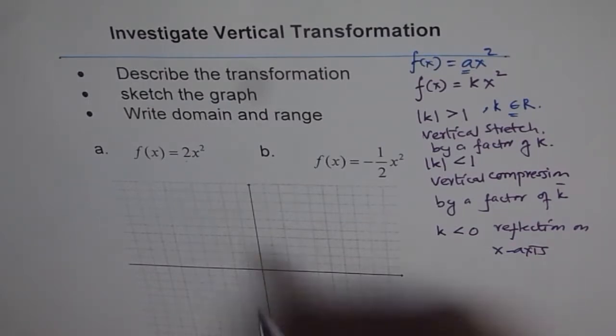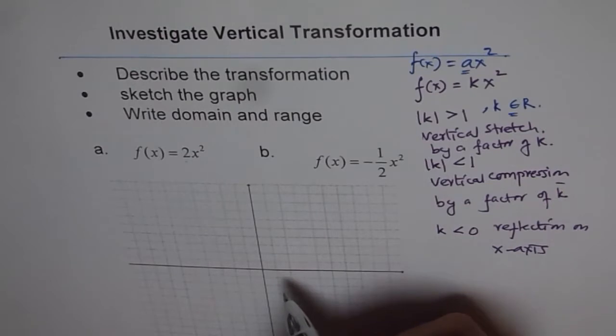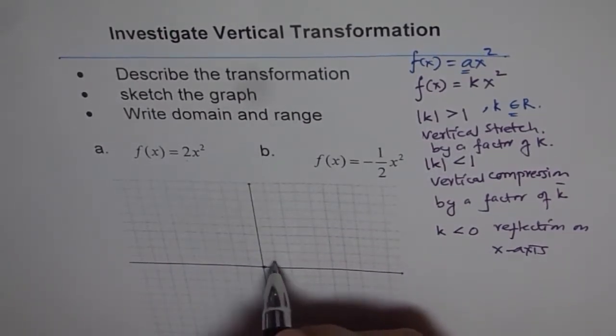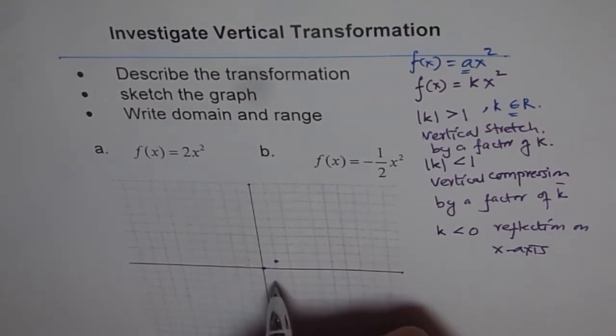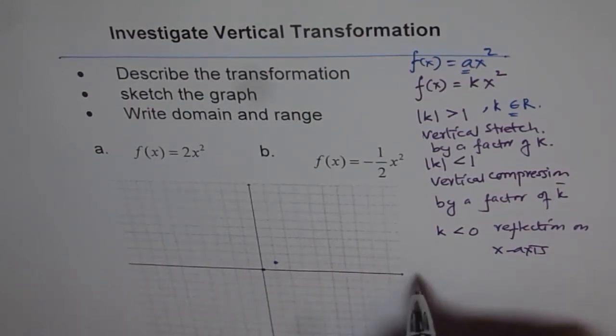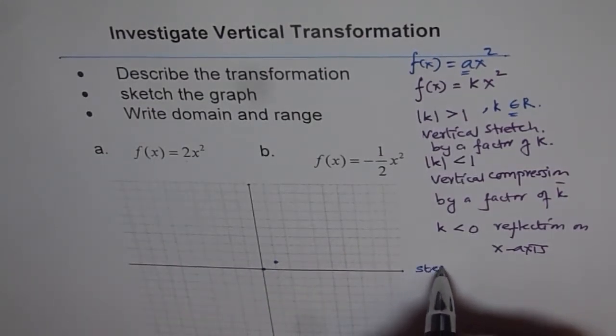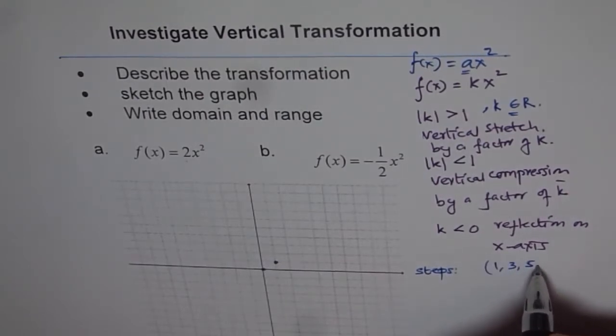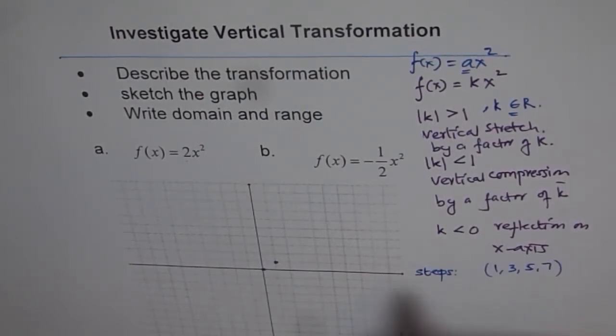So let's try to sketch and see how it looks. X square graph is simple to draw. You start with the origin, then 1, 1, and then you can follow steps 1, 3, 5, 7. I hope you know these steps, right? Whenever you have to draw the x square function, we can follow these steps.